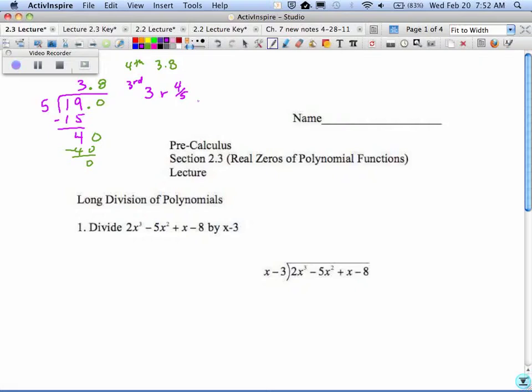Is 5 a factor of 19? No. How do you know? It's 3.8. It's not a whole number. It's not a whole integer, right? So we consider factors to be whole integers.